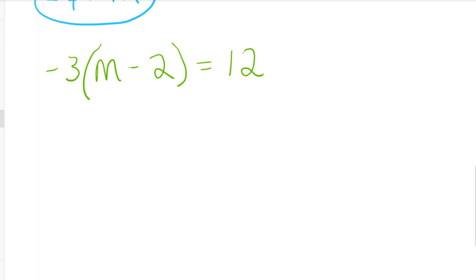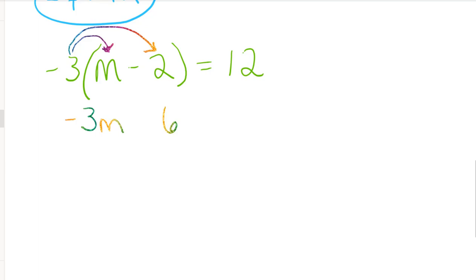All right, so let's work with the parenthesis because that means multiply. So we're going to multiply these two. So negative 3 times m is negative 3m. Negative 3 times 2 is 6.